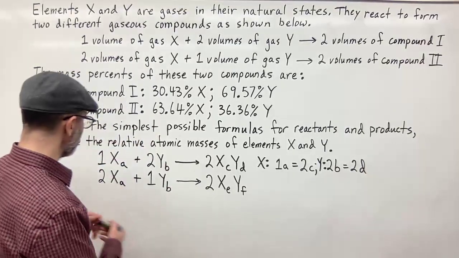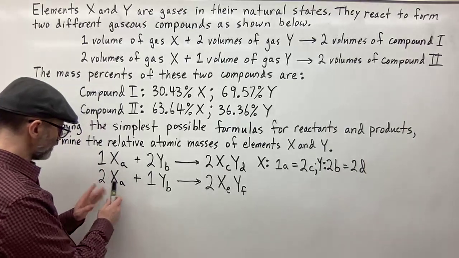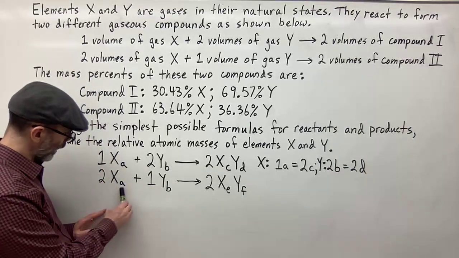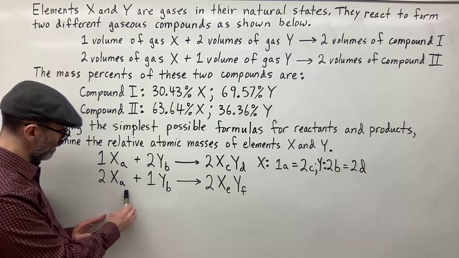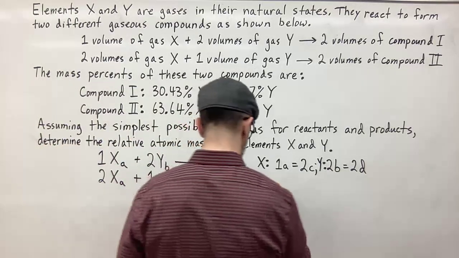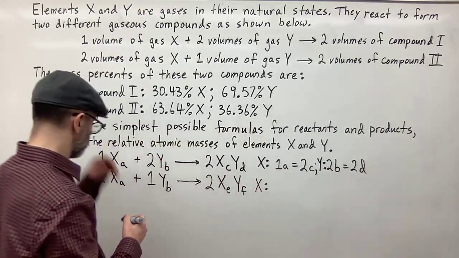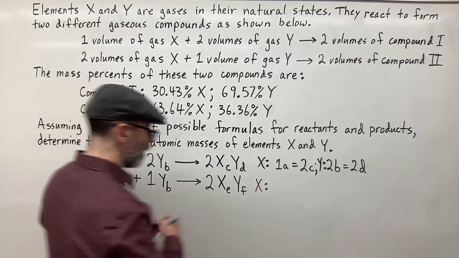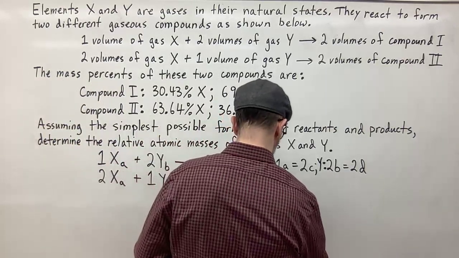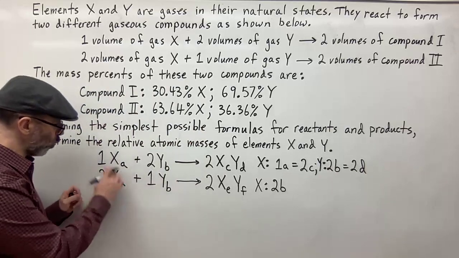So then we do the same thing for this equation here. So for X again, it's going to be 2A. So 2 times A gives us the total number of X's on this side. So 2A amount of X. So we're multiplying the coefficient times the subscript to get the total.